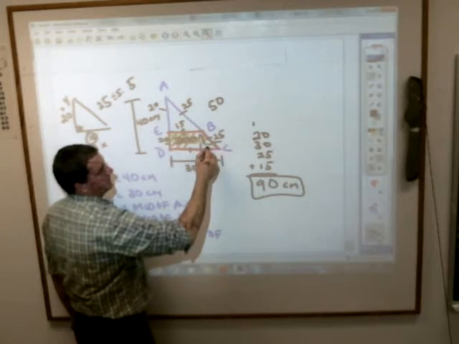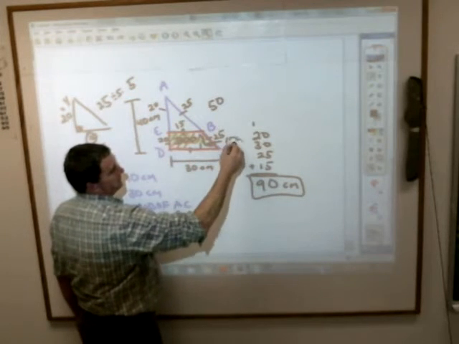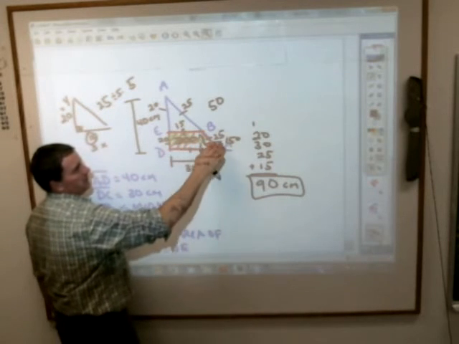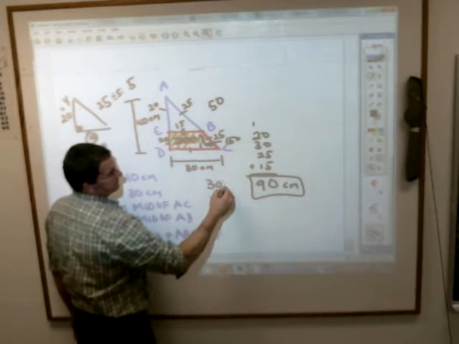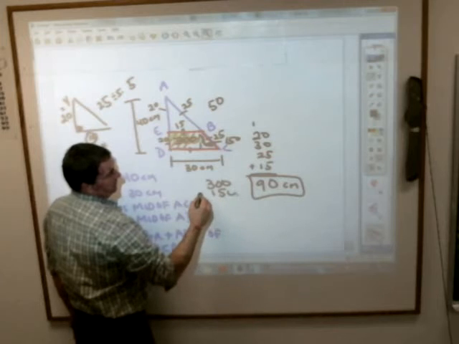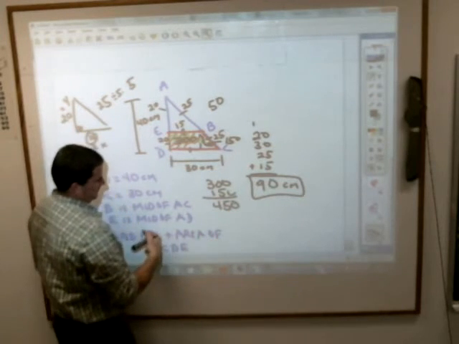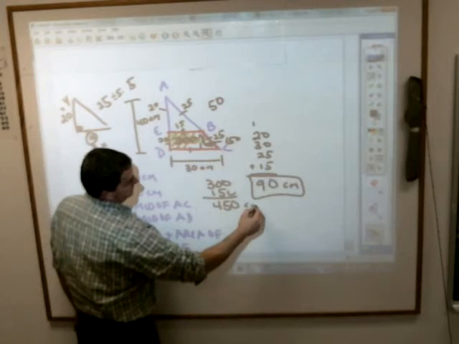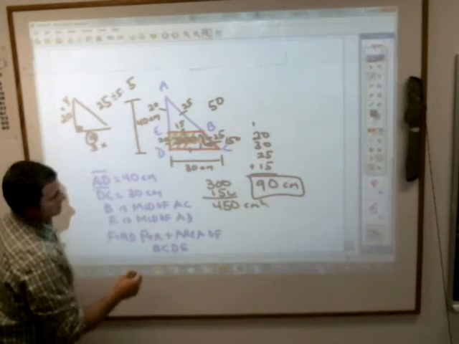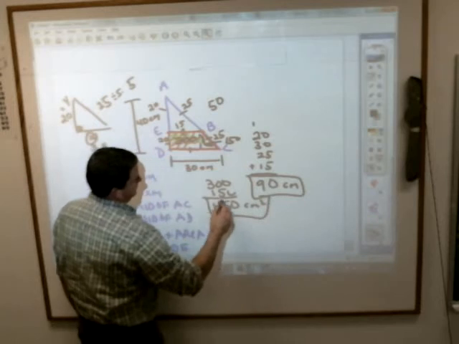The triangle means it is 150. So my two pieces are 300 plus 150, and I end up with 450, inches squared. That's a pretty tough problem there.